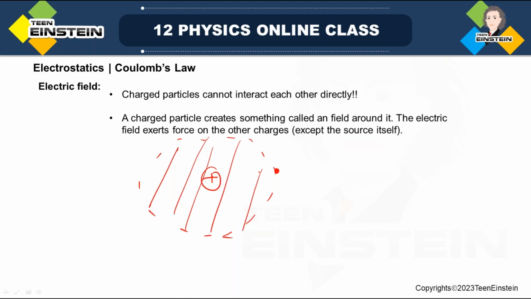So a charge particle creates something called an electric field, and this electric field will exert force on the second charge particle, and thus two charge particles will be interacting with each other.